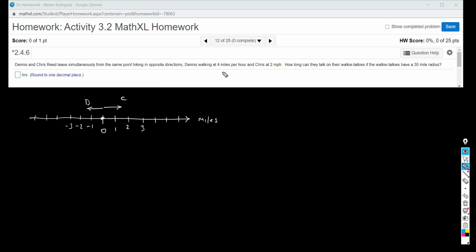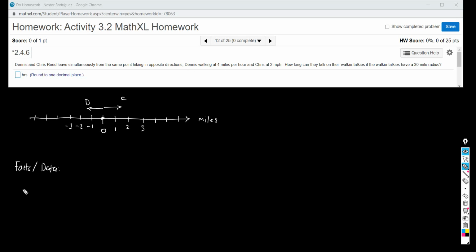So this is a piece of data that I have. And I can have a section for all the facts or data that I know about the problem. And what I know is basically the speeds of these two people, Dennis and Chris, their walking speeds.